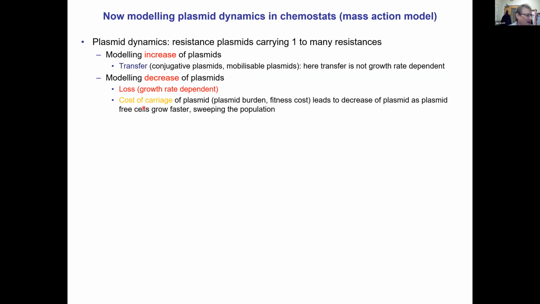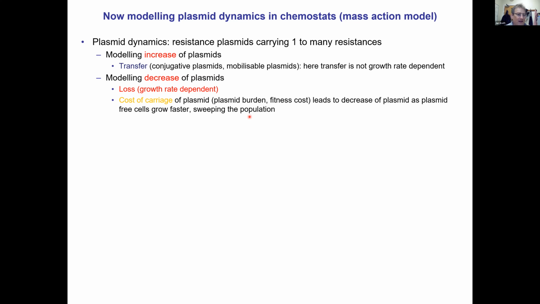And the cost of carriage is the other reason why plasmid abundance might decrease, because the plasmid-carrying cells are competing with plasmid-free cells, and the plasmid-free cells can grow faster and therefore can outcompete the plasmid-carrying cells, because the plasmid-carrying cells have a fitness cost caused by the plasmid. That is very important.